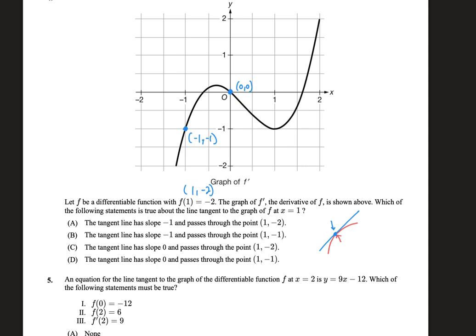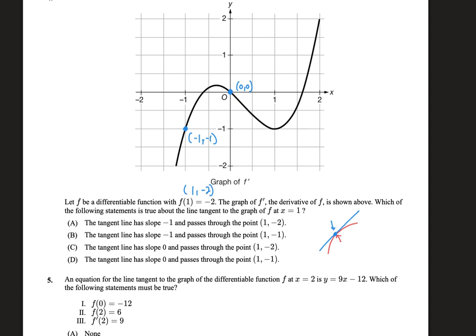So here they ask about the line tangent to the graph of f at x equals 1. We know that this is a point on the regular function because f of 1 equals negative 2. But if you're talking about a tangent line at the same x value, at x equals 1, then this point is also on the tangent line.